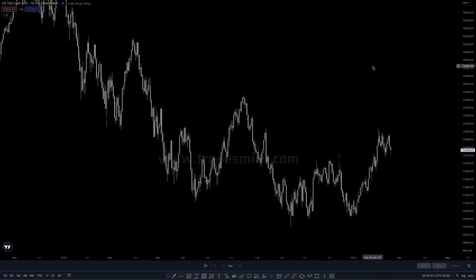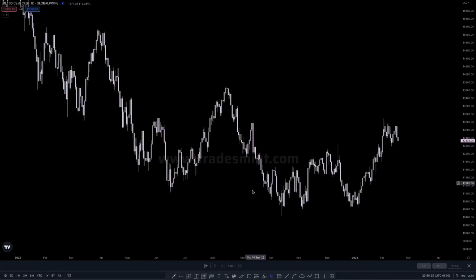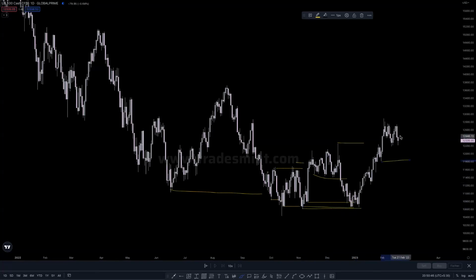So US100, low structure, sweep, okay, call high, inducement, mitigate here, break the structure, taken out the inducement, and go higher.